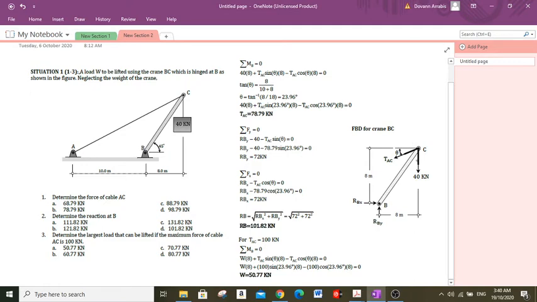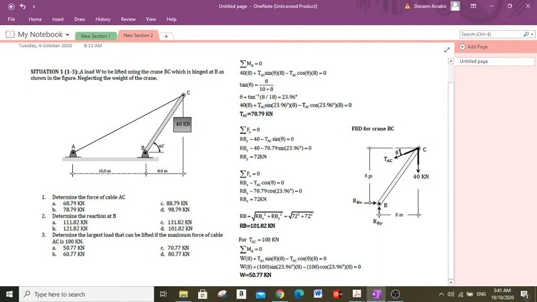And then we have a 40 kilonewton force. As we can see in the figure, we have 3 unknowns, and this is determinate because we have 3 equations of static equilibrium. So we can directly solve these unknown forces by using the equations of static equilibrium.